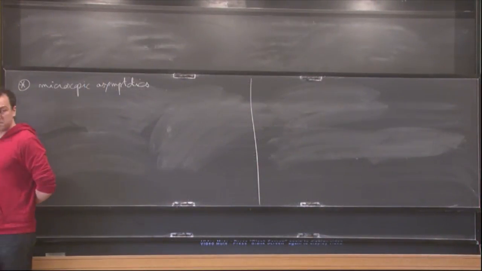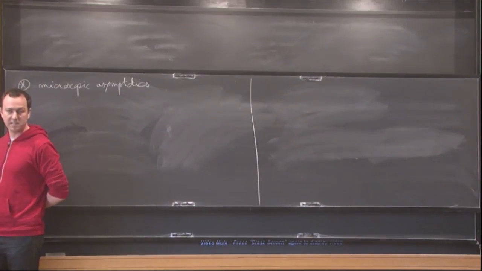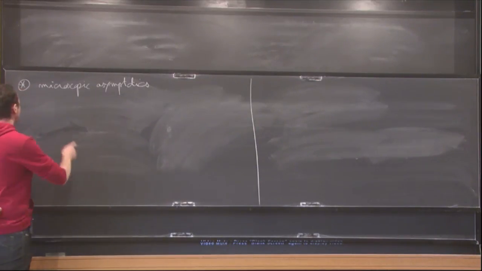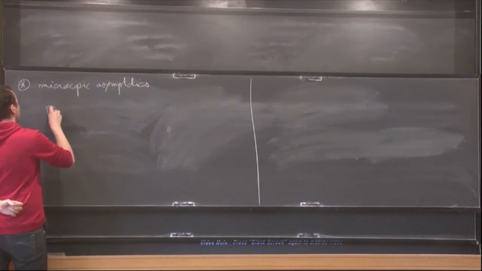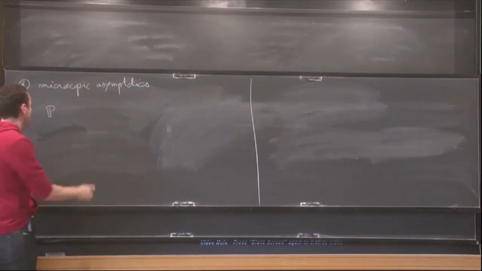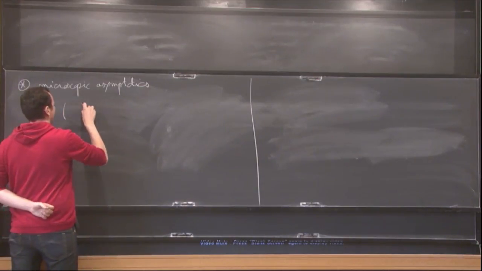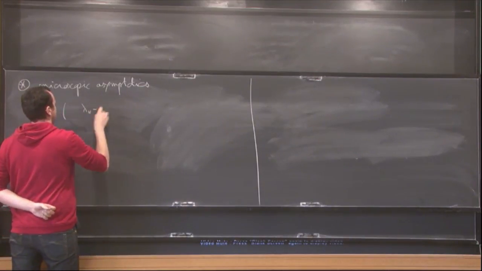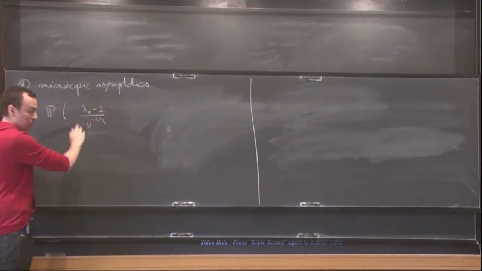So if you zoom on the edge first, because you have a square root singularity here, the typical gap between the largest eigenvalue and the second largest one will be n to the -2/3. So what you can prove is actually, using this ordering, the probability that lambda n minus 2 over this n to the -2/3 is of order 1.